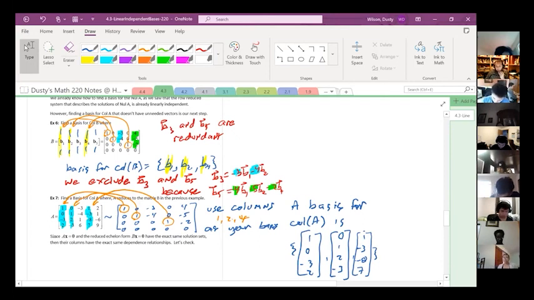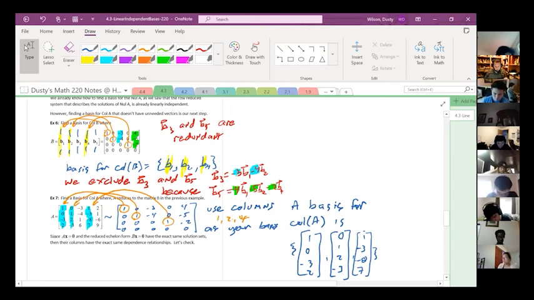Evan asked, so would the columns from the row reduced matrix count as the standard basis? They do come from the standard basis, but they are not a basis for the column space.